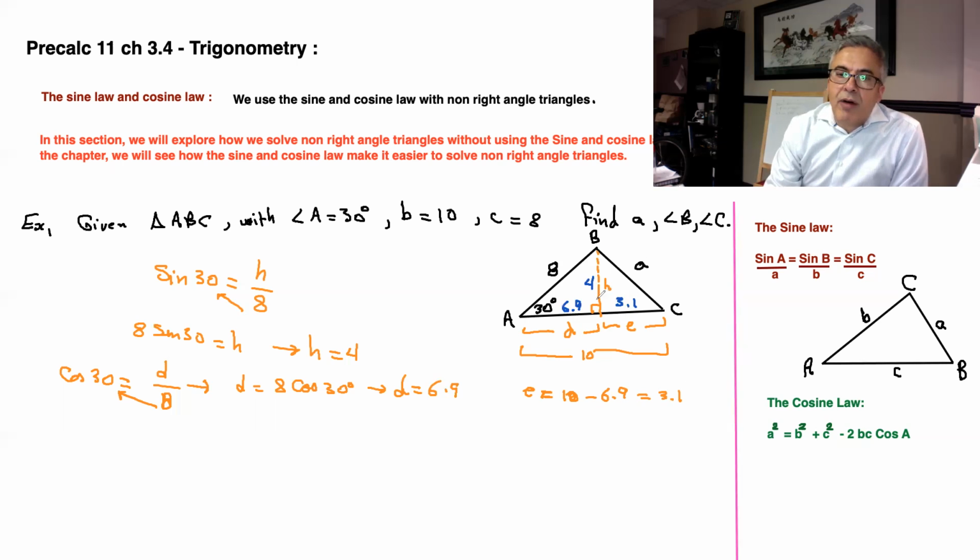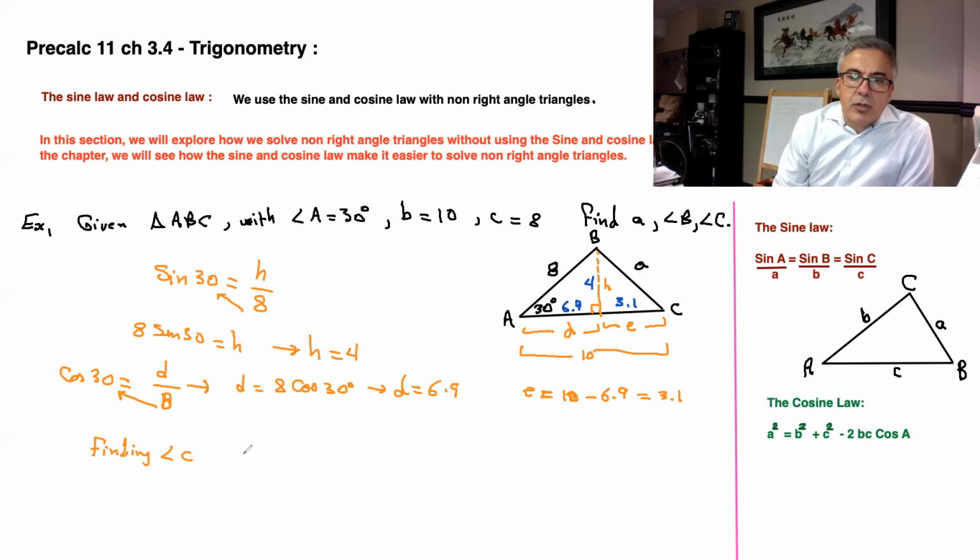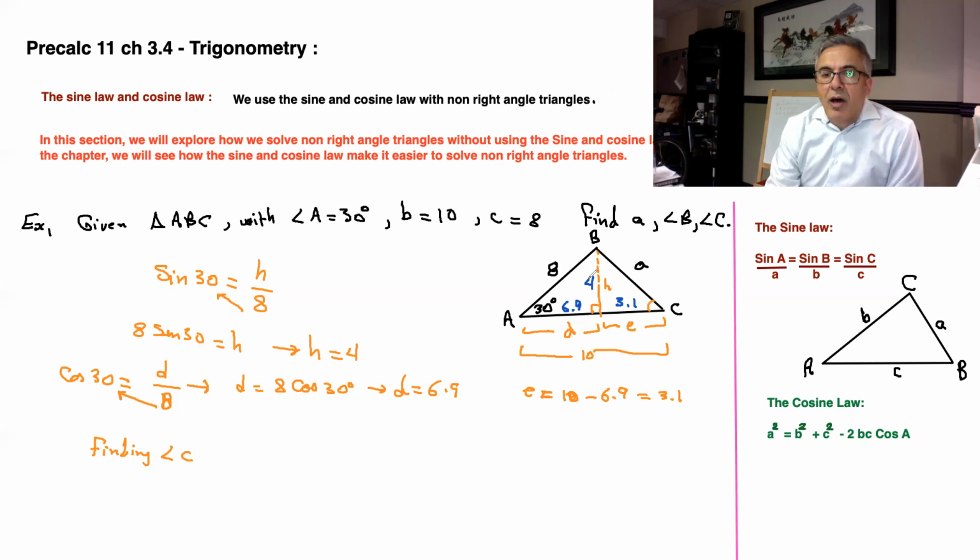So now we need to find angle C. So angle C is easy to do now. We're just going to use SOHCAHTOA. So finding angle C, so basically we want to find this. So therefore we have the opposite and the adjacent to this angle.